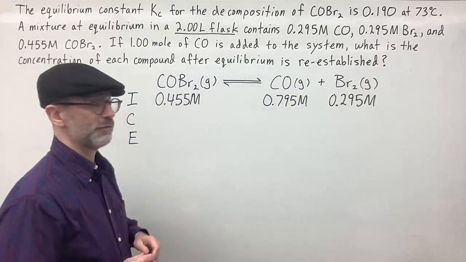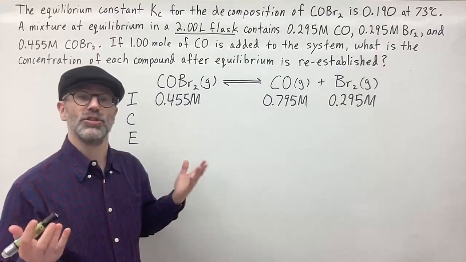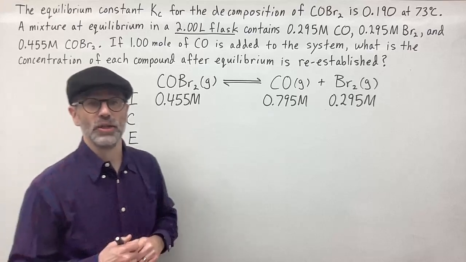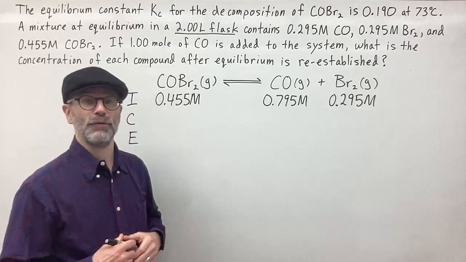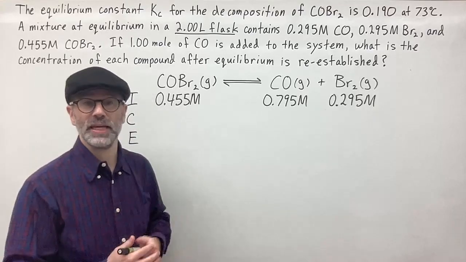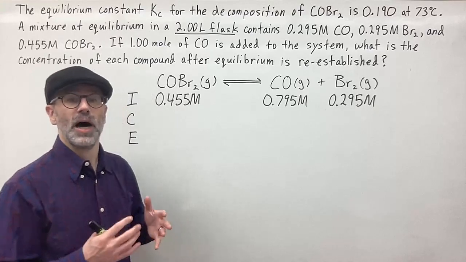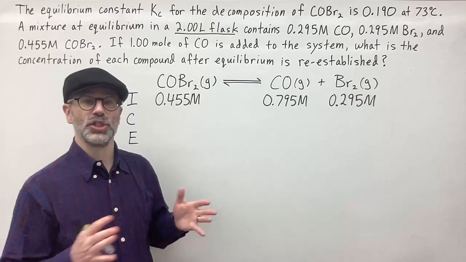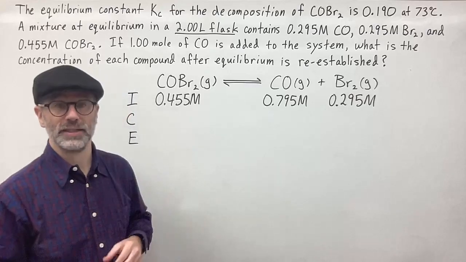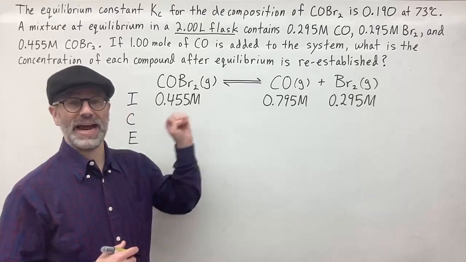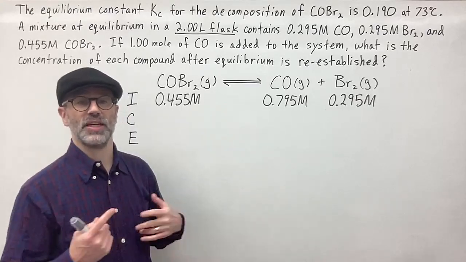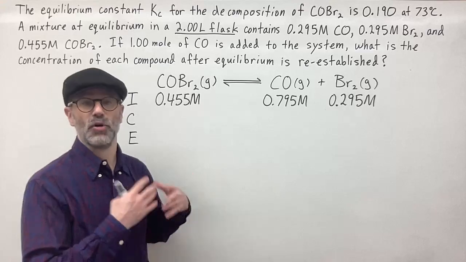But a simpler way would be to use Le Chatelier's principle. Le Chatelier's principle says that if you disturb the equilibrium of a system, it's going to shift in order to undo that change, right? So if I add something, then it's going to shift in the direction to get rid of it or use it up.